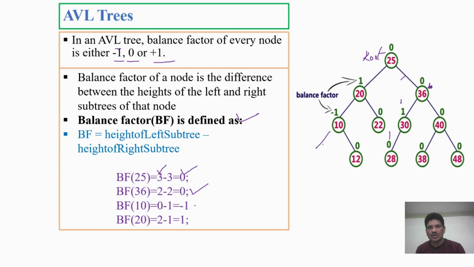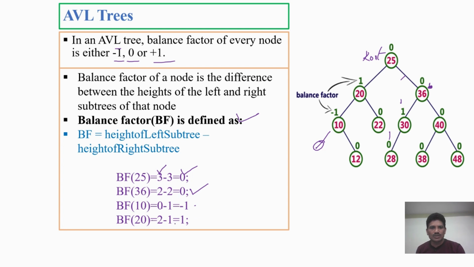Because there is no left subtree of 10, it has only a right subtree. Like that, you can find out each and every node in the tree. If not more than one, those types of trees are called AVL trees, also called height balanced binary search trees.